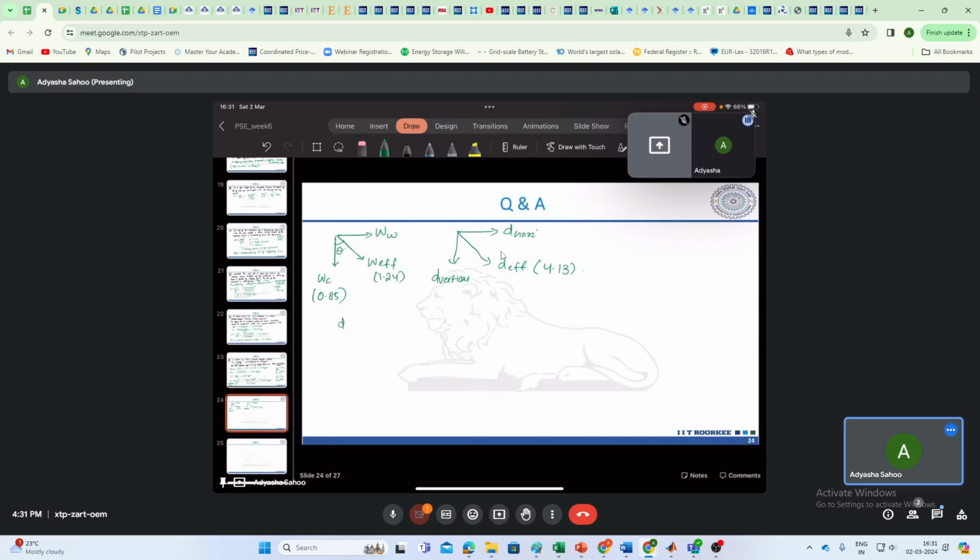So from here, the D vertical we can write as D effective into cos theta, that is 4.13, and cos theta will be 0.85 divided by 1.24, right?